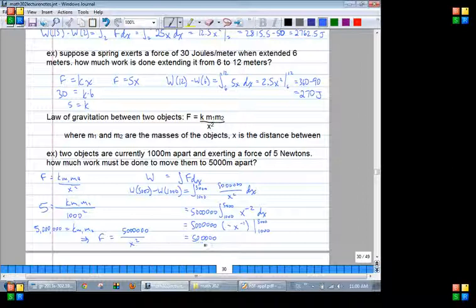Lots of zeros here. Keep track. Okay. So this is 5 million times, let's see, negative 1 over 5,000 minus negative 1 over 1,000.